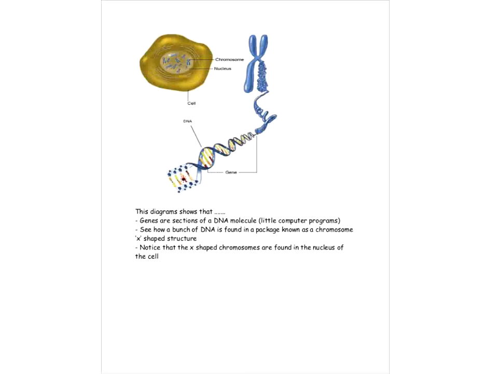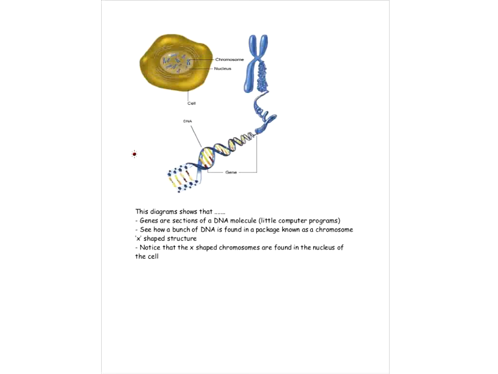Now, the whole DNA in the human body is put together in chromosomes. So this whole thing is one package. So it's got a whole bunch of DNA, right? And we have 46 chromosomes. And if you look here, you see all these chromosomes. This represents 23 pairs of chromosomes, and they're found in the nucleus or the center of the cell. All right? So here's what it's showing.